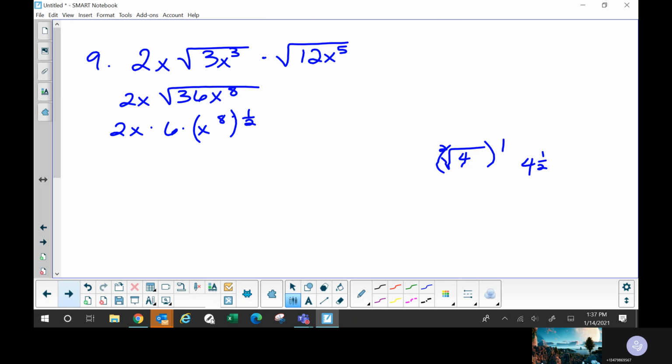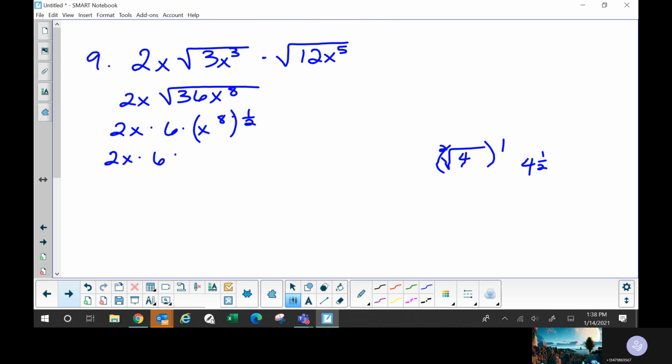So I basically broke apart the 36 and the x to the 8th. And I said square root of 36, square root of x to the 8th. Now I'm going to use that as a power. So square root really means to the 1/2 power. So we have 2x times 6 times x to the 8th raised to the 1/2 power.